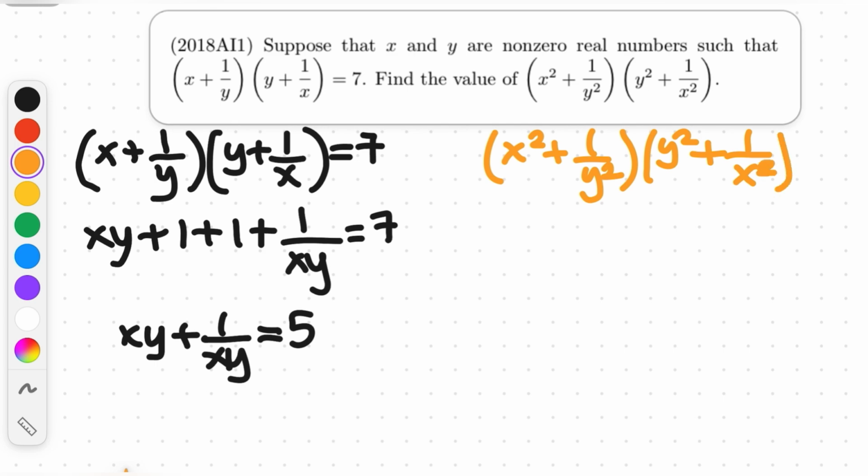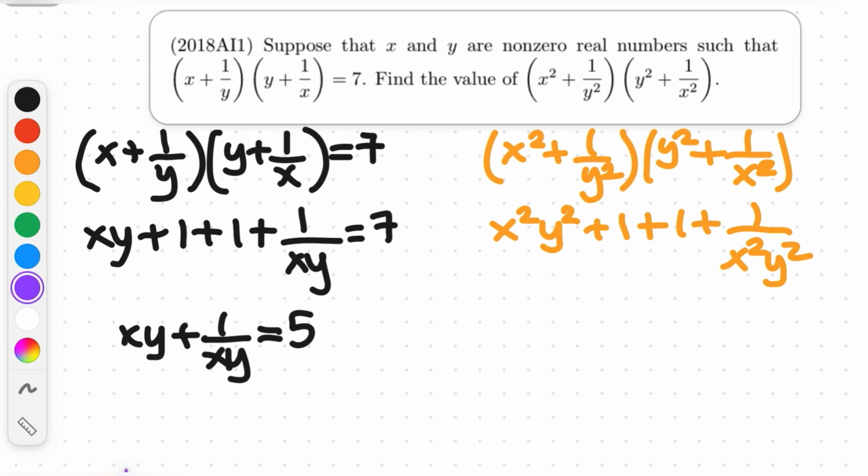And we're going to look for some insight by expanding this multiplication. It's going to be x squared y squared plus 1 plus 1 plus 1 over x squared y squared. So now we notice some relationships here.